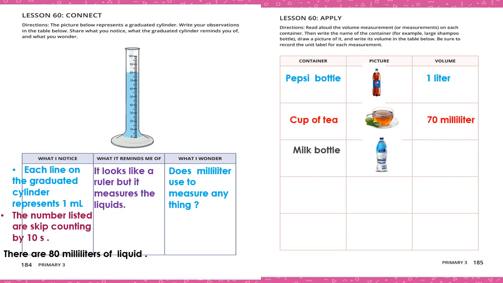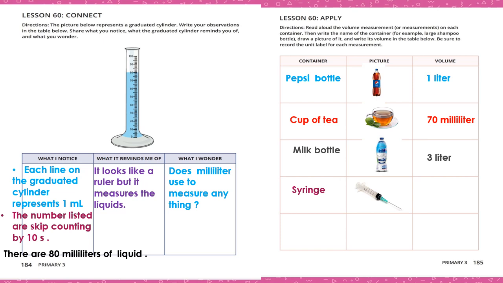Milk bottle, by liter or milliliter? Yes, liter. It's 3 liter. Syringe. Is it a small amount or big amount?